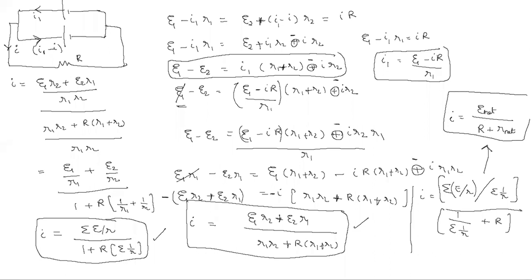So in parallel grouping, if anyone asks what is E net, the shortcut is sigma E by R divided by sigma 1 by R. This is E net, and what is net internal resistance, R net?